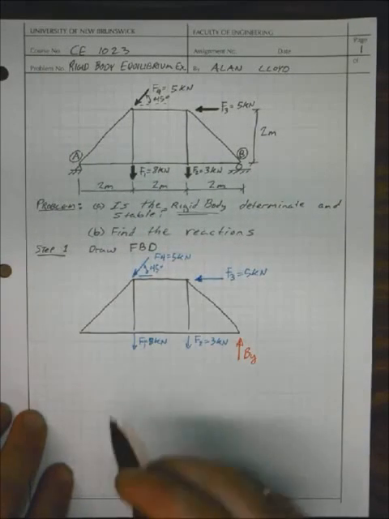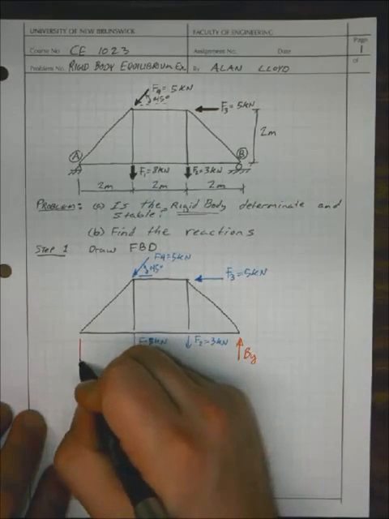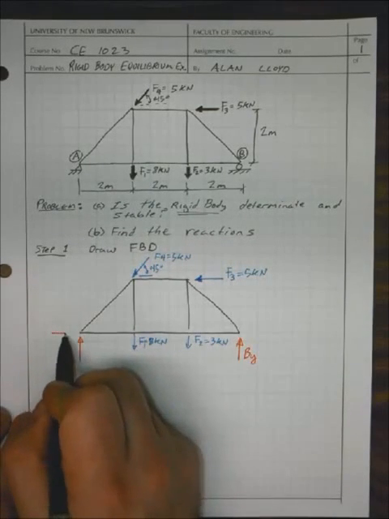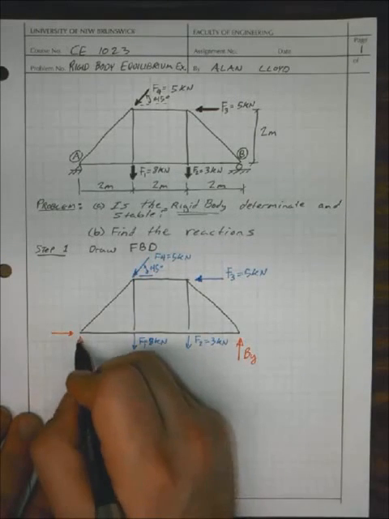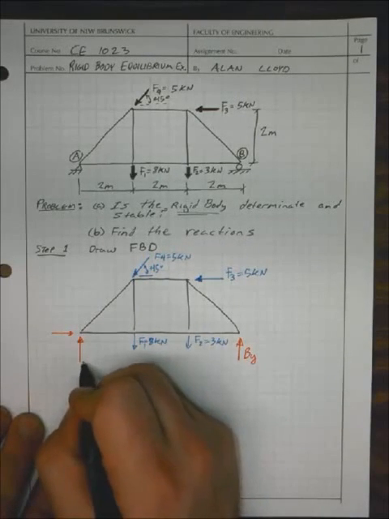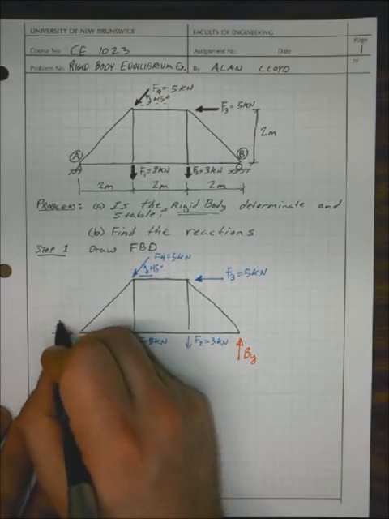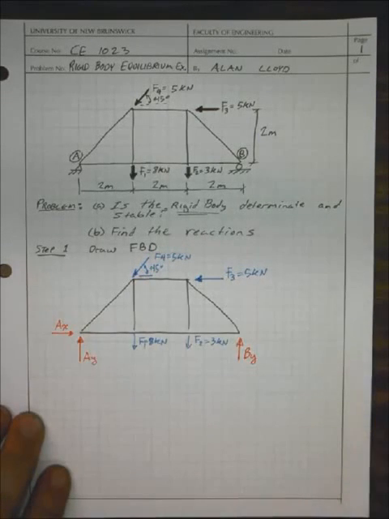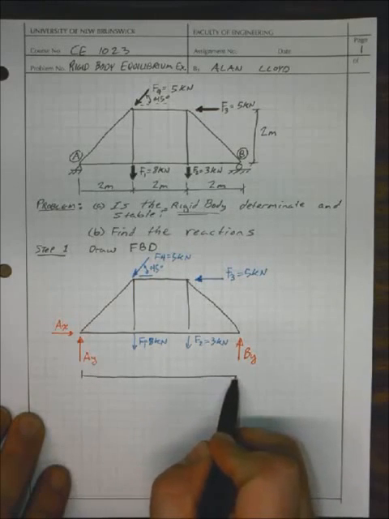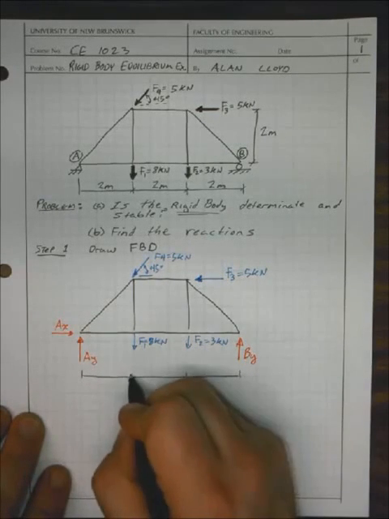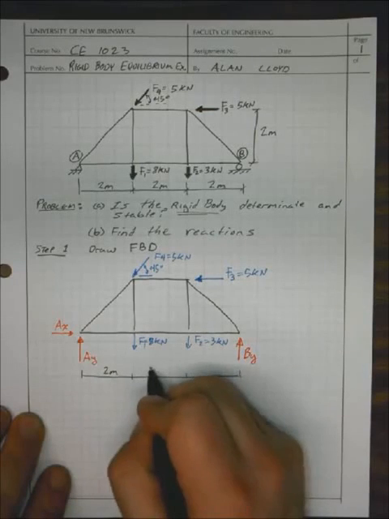A pin reaction happens perpendicular to the surface and parallel to the surface, or actually any two orthogonal directions. So here we're going to draw them as AY and AX. We'll add in some of our dimensions, in meters.